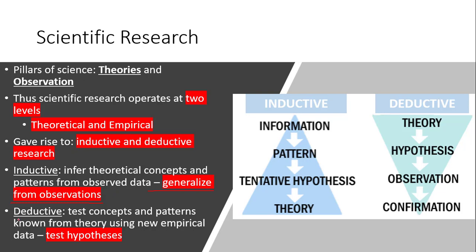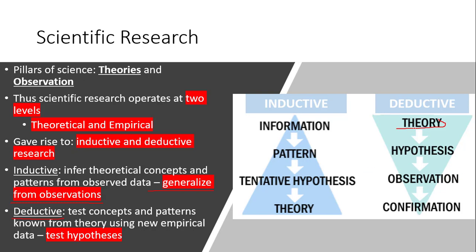Then if we look at the deductive research, we are looking at what has been previously propounded, theories that have been developed. We're trying to see what is available, what is being observed today.